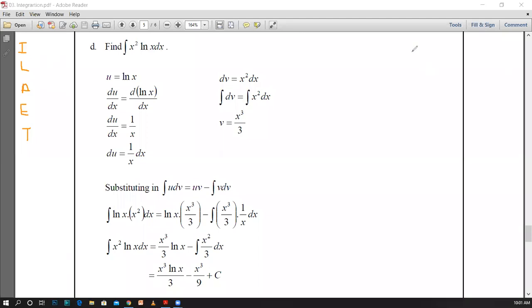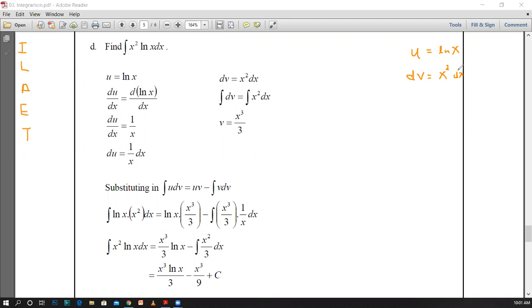Therefore, u should be equal to ln x, and dv is x squared dx.